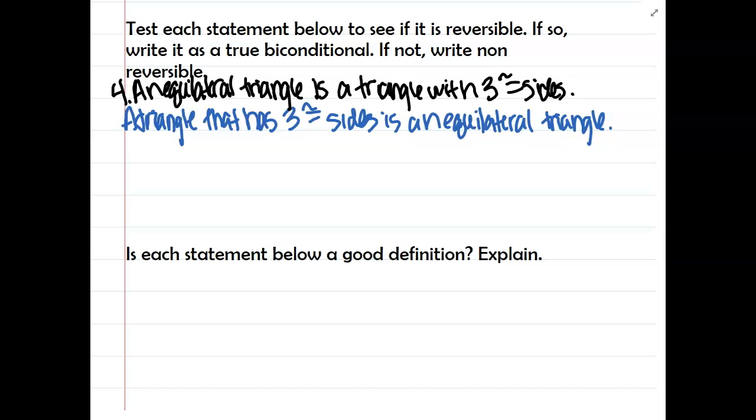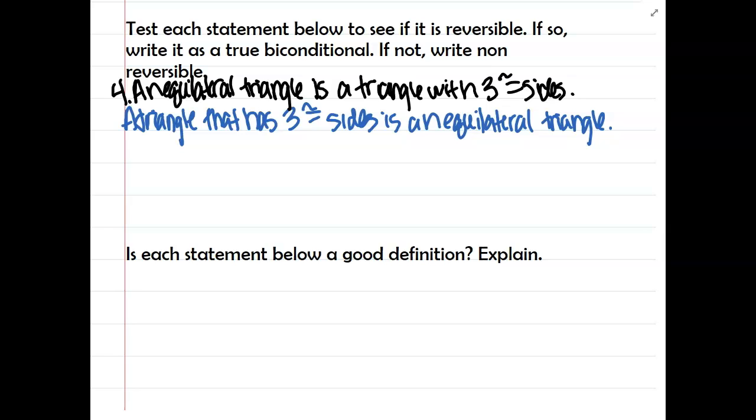So I know it's not a conditional, but is this true? A triangle that has 3 congruent sides is an equilateral triangle. I'm not familiar with that word. Equilateral. Equilateral is sides. It means equal sides. So an equilateral triangle, yeah, it's going to have 3 congruent sides, okay?